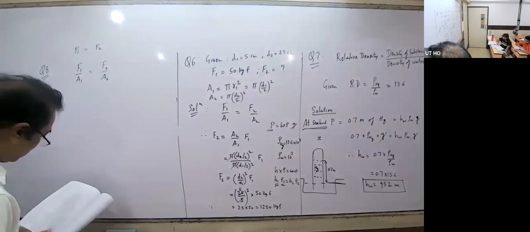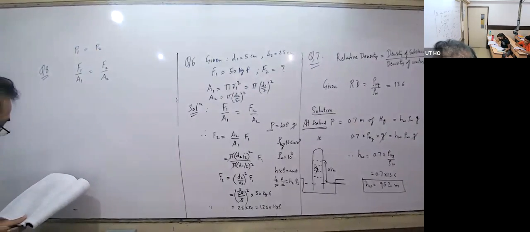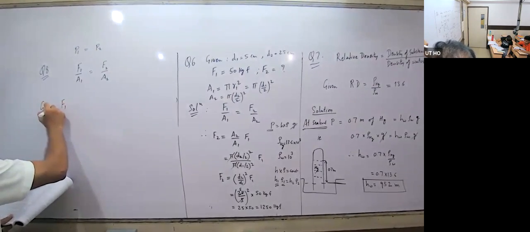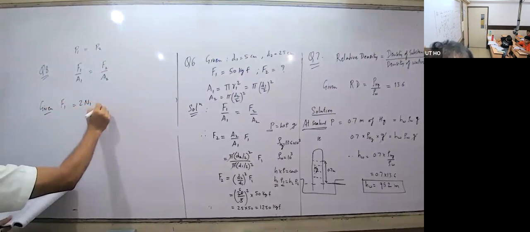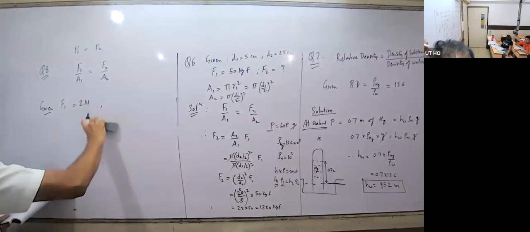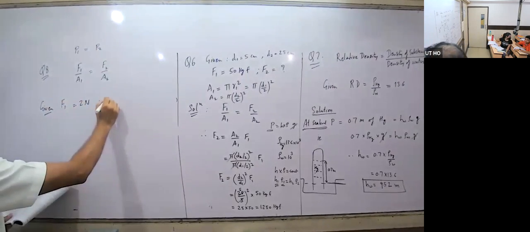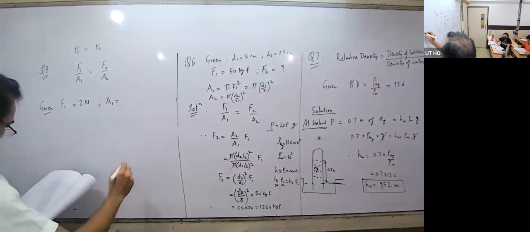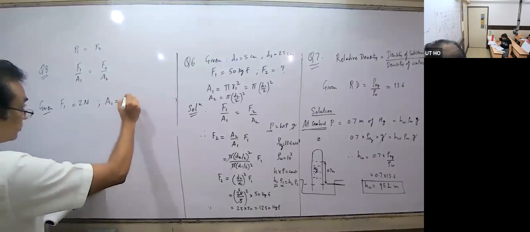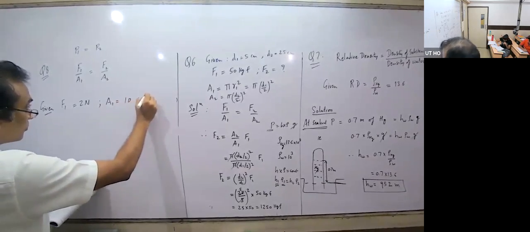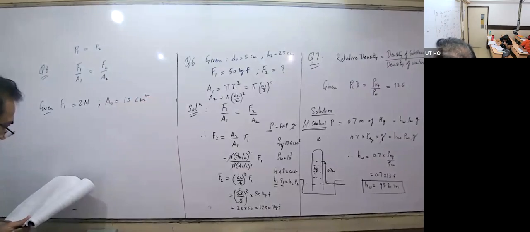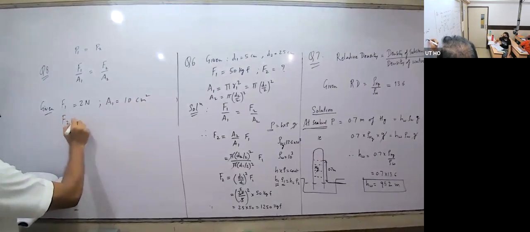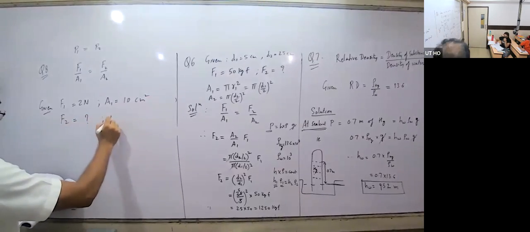So what are the different forces? F1 is equal to 2 Newton, and A1 is equal to 10 centimeters. So this is a straightforward question. A2 is equal to 100 centimeters. So find out.